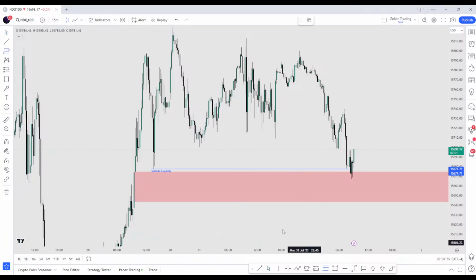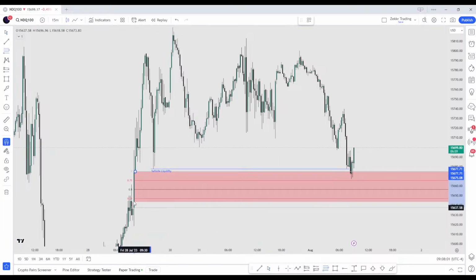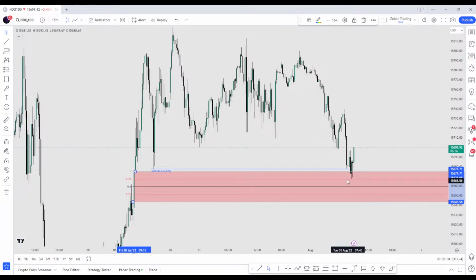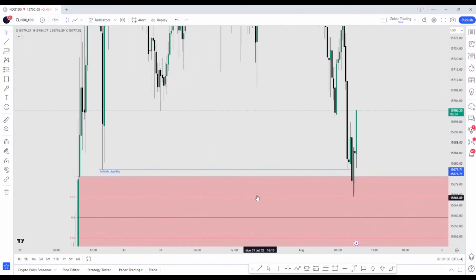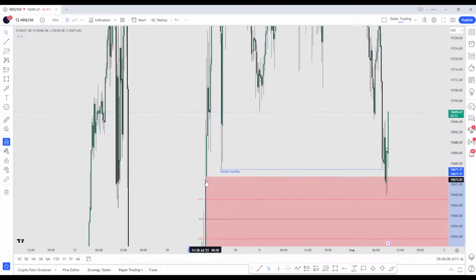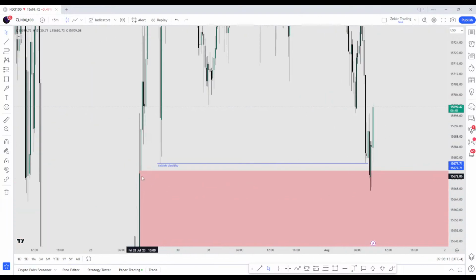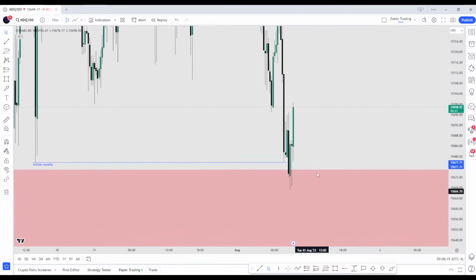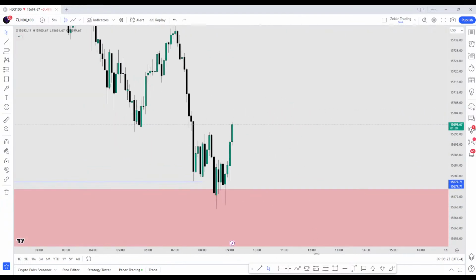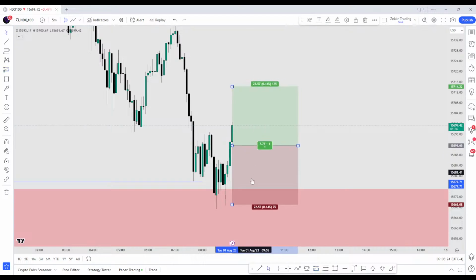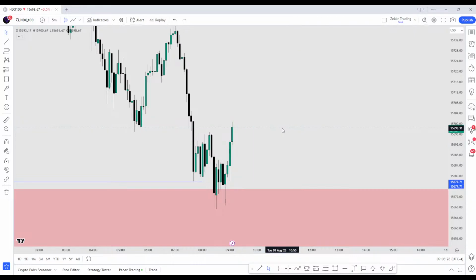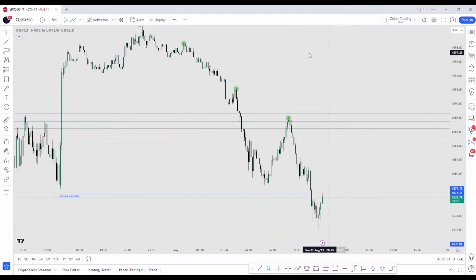We perfectly respected it, if we count the volume imbalance, but we swept sell side. We have displacement, so this fair value gap would be a nice entry. Stop loss below the low, and then let's see if SPX has a similar setup.